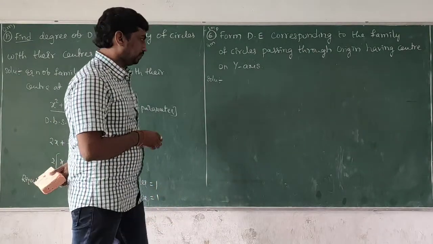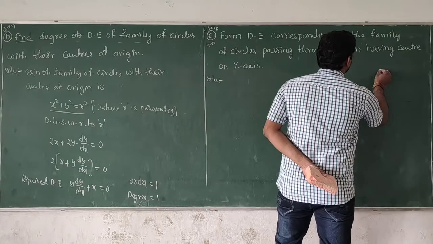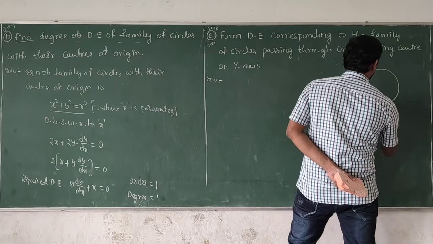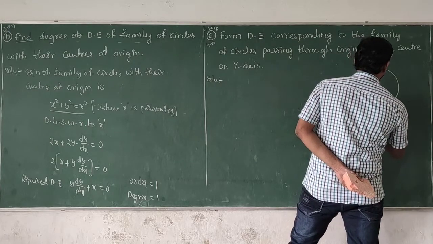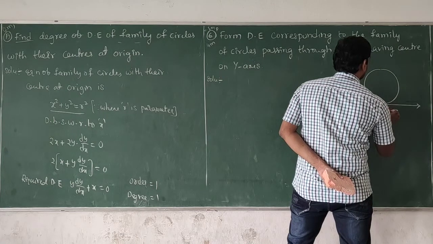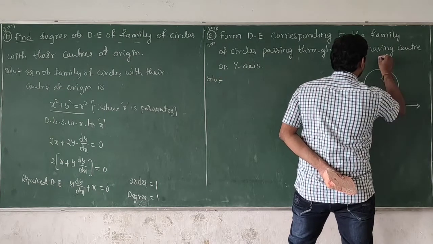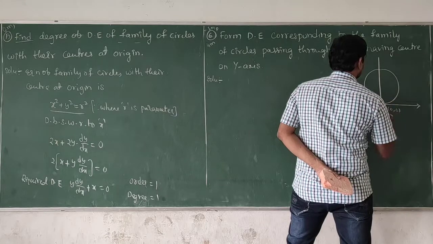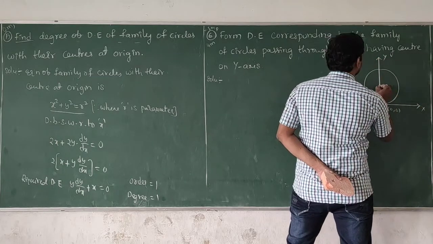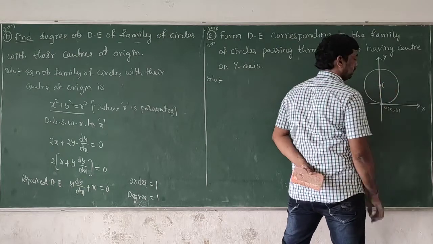So clearly, here this one is a circle passing through the origin 0 comma 0, and this one is the x-axis, y-axis, and the center lies on the y-axis.